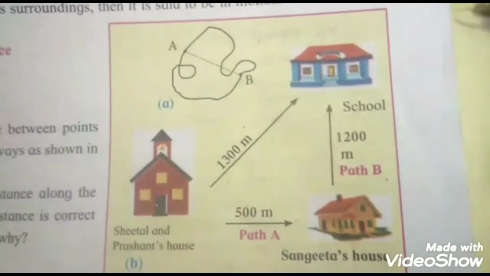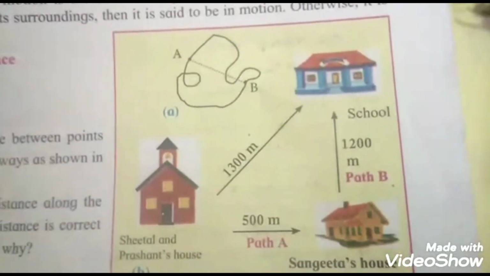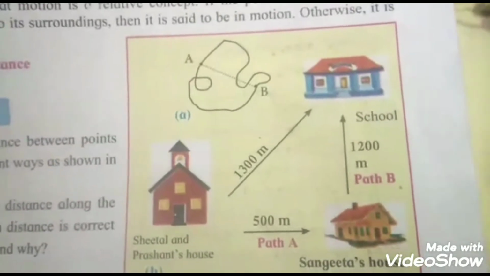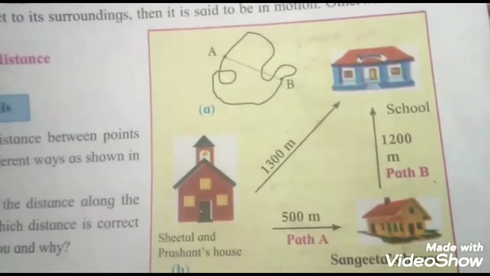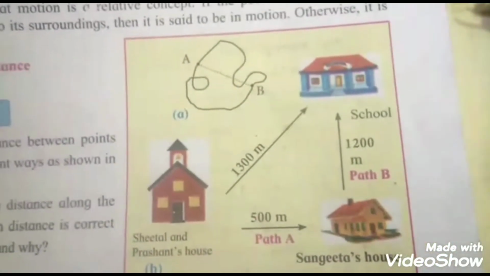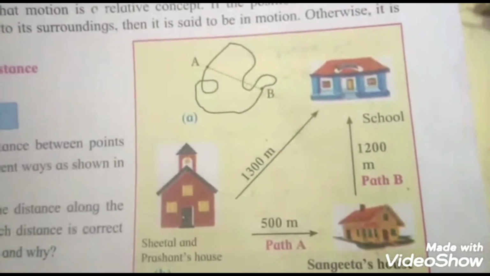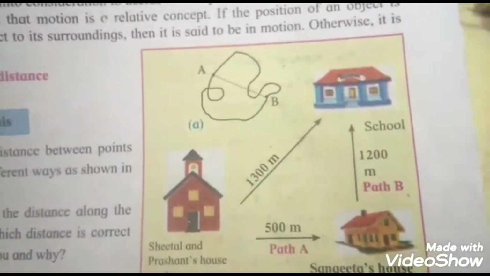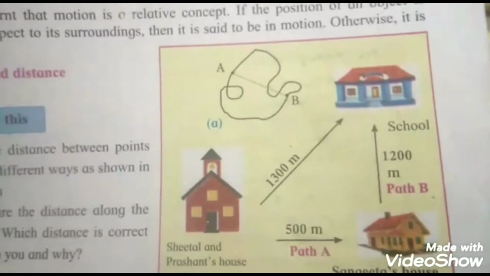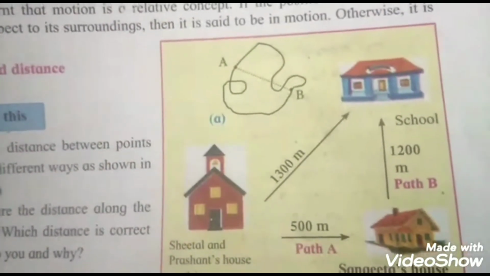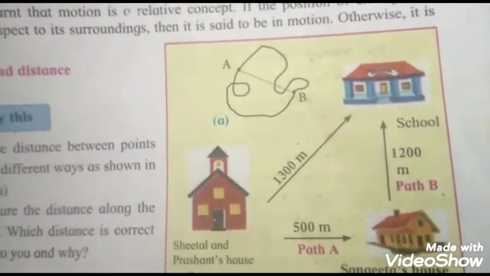Students, see on your screen. In the picture we see the homes of Sheetal, Sangeeta and Prashant. The distance between Sheetal's house and Sangeeta's house is 500 meters, the distance between Sheetal's house and school is 1300 meters, and the distance between Sangeeta's house and school is 1200 meters.